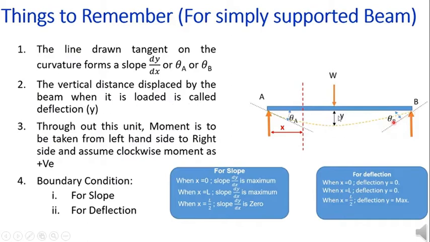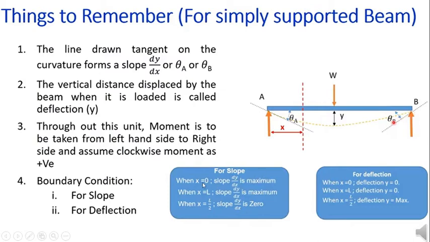As I already told you, the vertical displacement is called deflection y. Throughout this, the movement is taken from the left-hand side to the right side, and clockwise movement is assumed as positive.